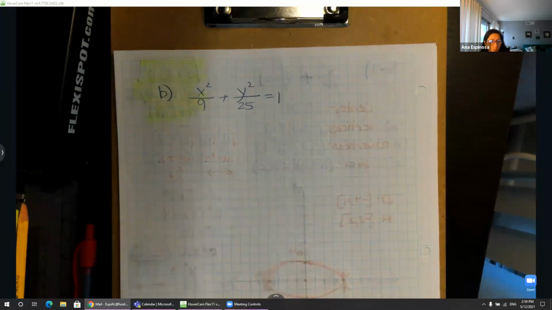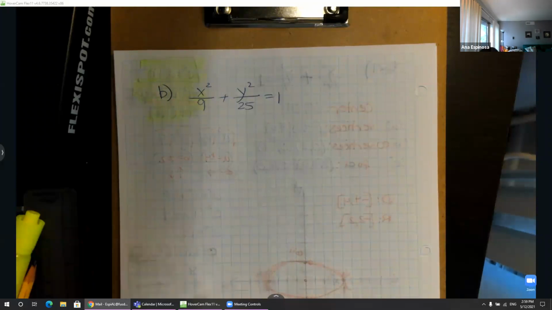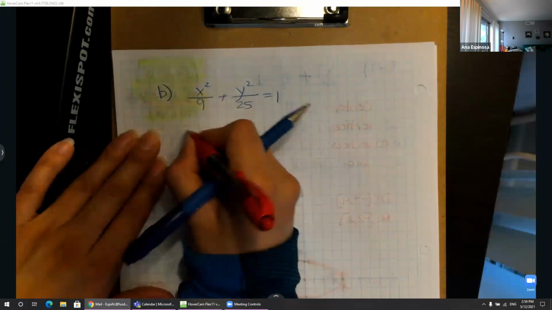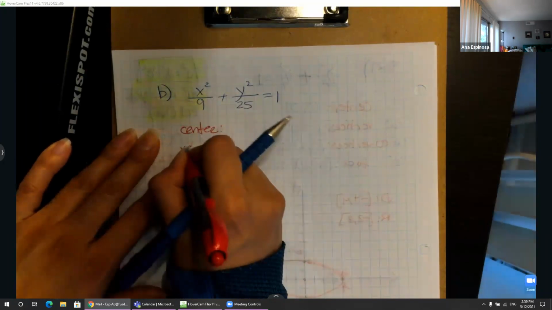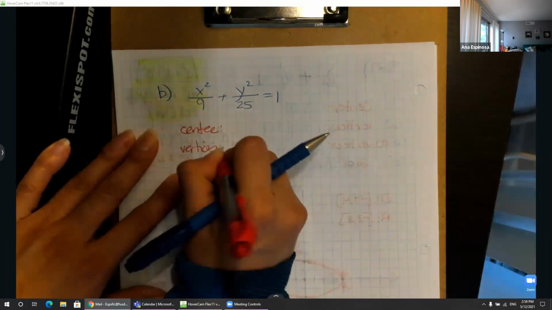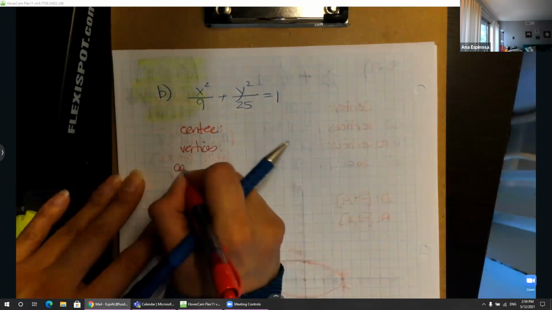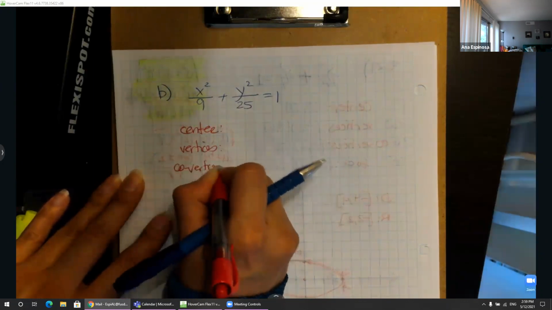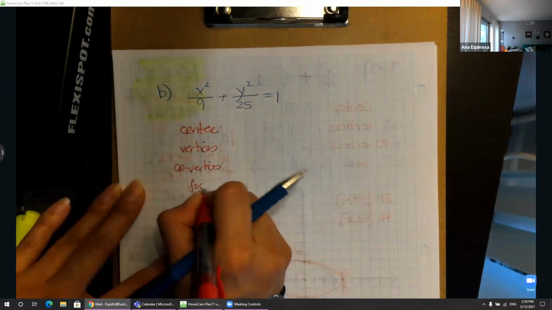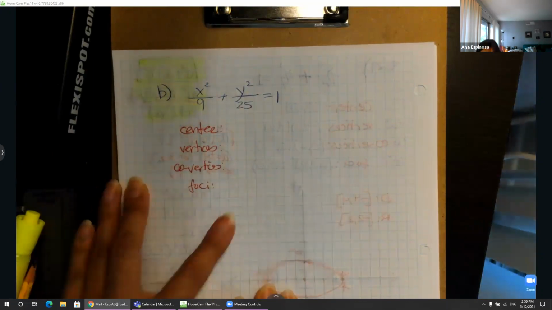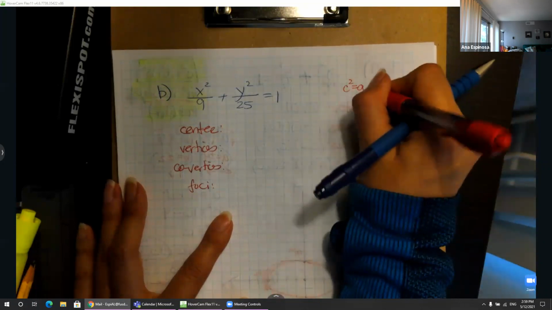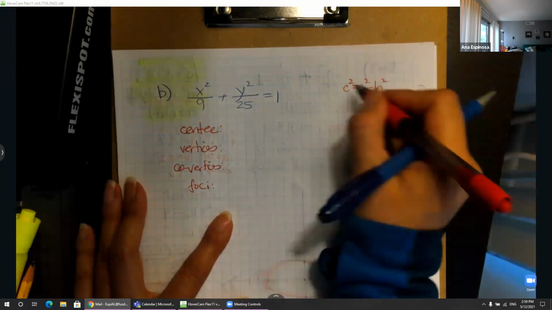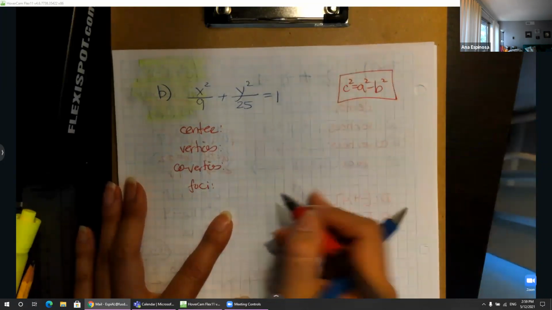First things first, we are going to write everything out. Center. Vertices. Co-vertices. Foci. Okay. Next thing, on the right side, you're going to have this as a note card, but I have to keep writing it to help you out.